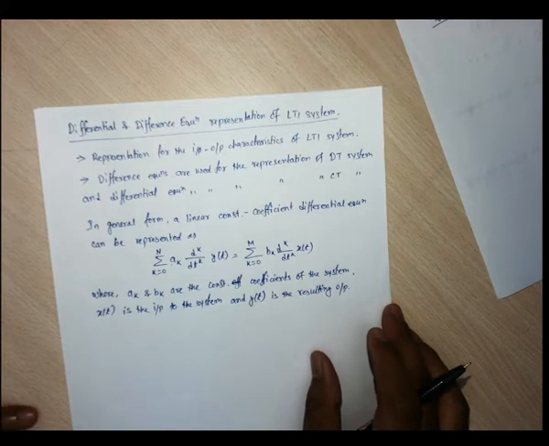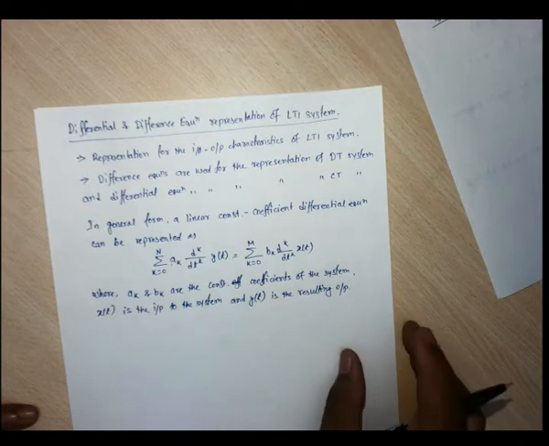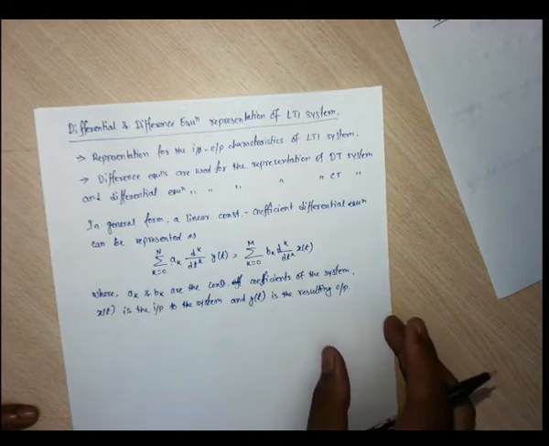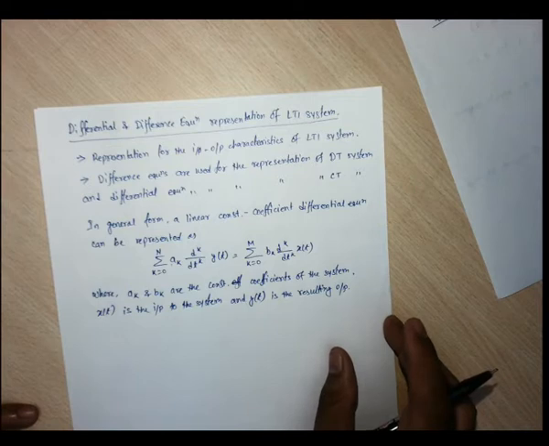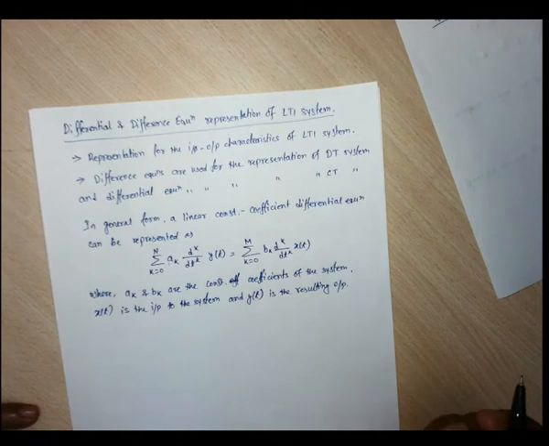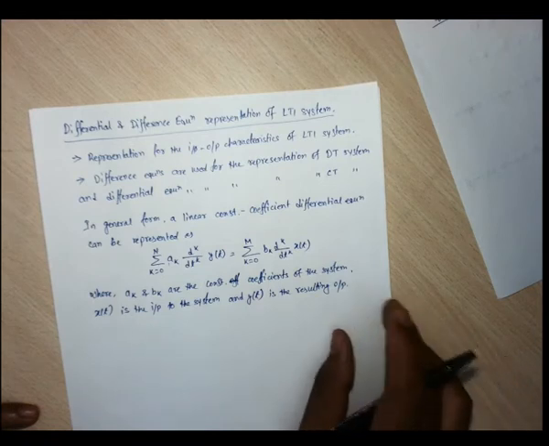So this is the form of a differential equation for a continuous time system. A linear constant coefficient difference equation has a similar form, with these derivatives replaced by delayed values of x[n] and output y[n].